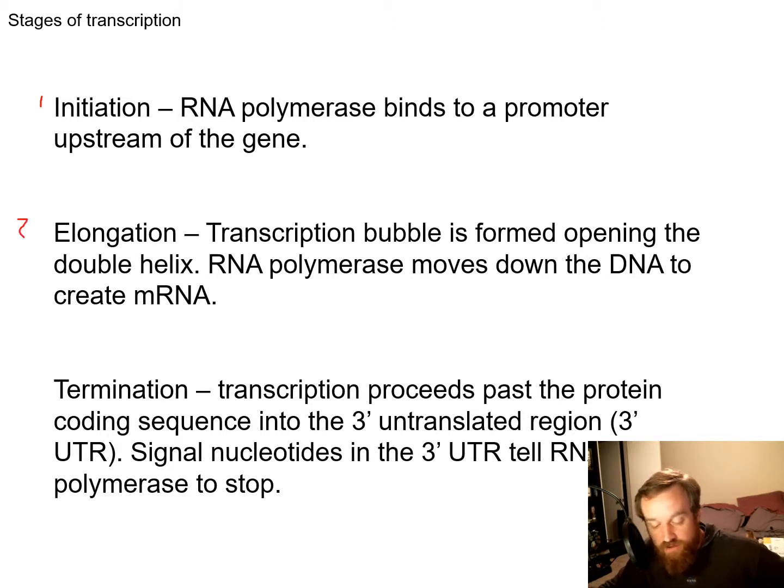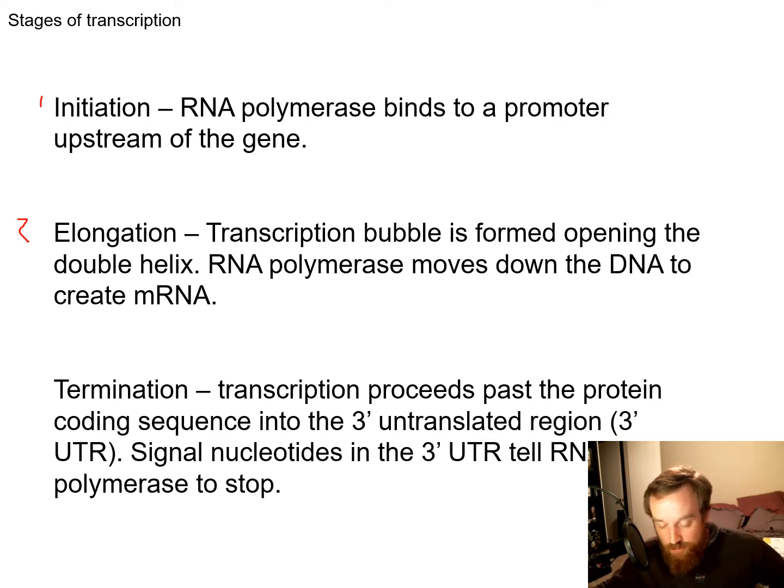We have elongation. That's where the transcription bubble is formed. So those two DNA strands have to pull apart to allow that transcription machinery in between to transcribe that gene. So this bubble is formed and it opens that double helix, and then RNA polymerase moves down the DNA to simultaneously create that mRNA molecule.